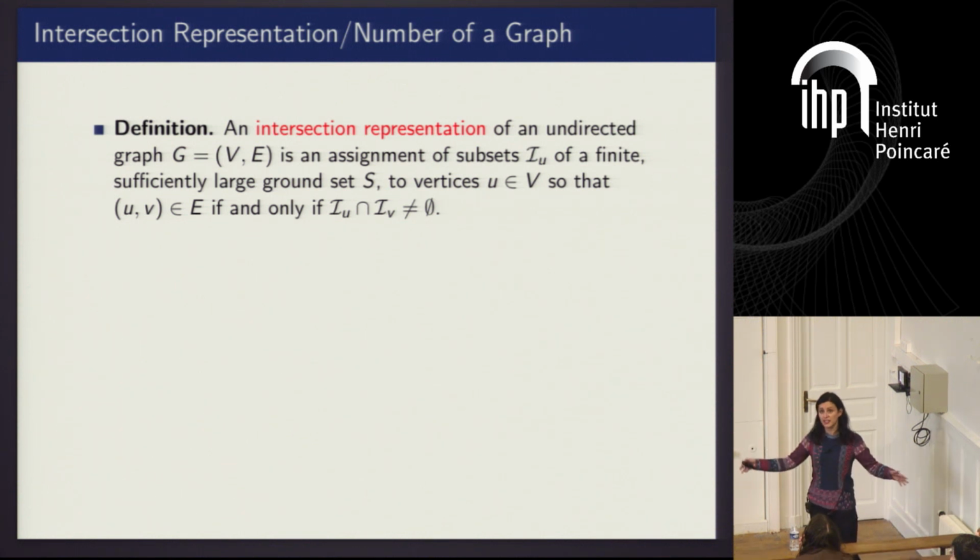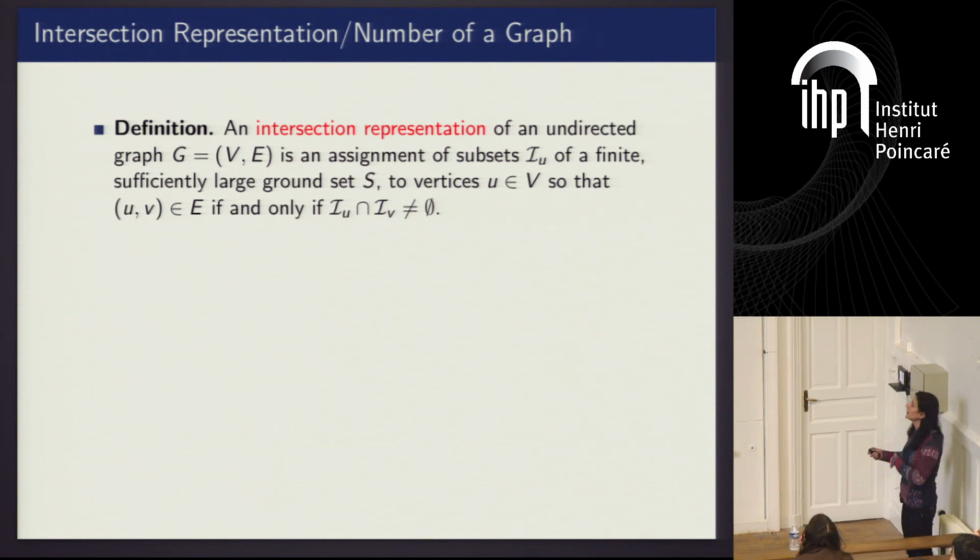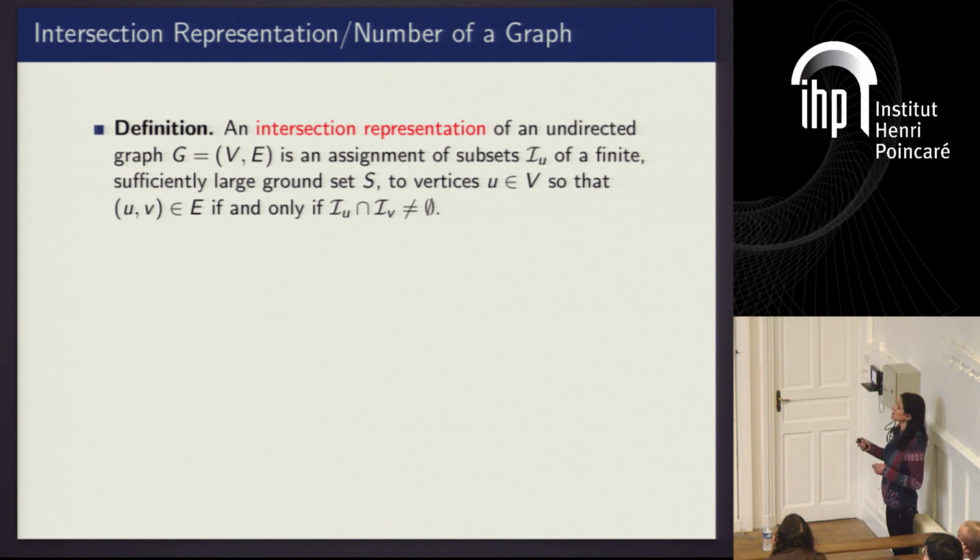So we have a very large set of features we can choose from. We take subsets of these features, we assign them to vertices, and we say the 2 vertices form an edge if and only if their sets of features intersect, and the intersection is non-empty.